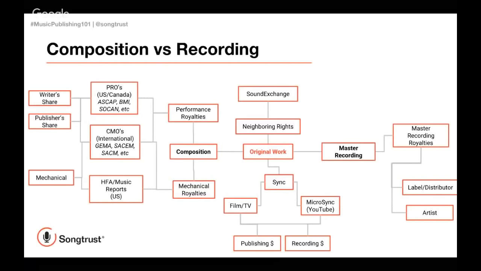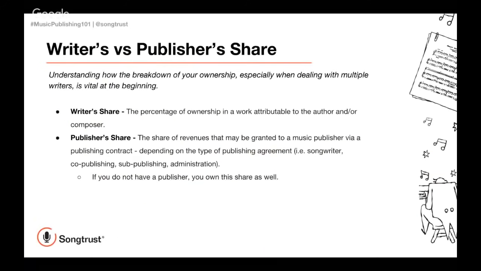Yeah, and we thought it would definitely be helpful to dive a little bit deeper into the writer share versus publisher share. So we'll go over that now as well. Right. So the writer and publisher share was put into practice some odd years ago to protect writers. Essentially, songwriters were signing deals with publishers and assigning away all of their rights to their compositions.